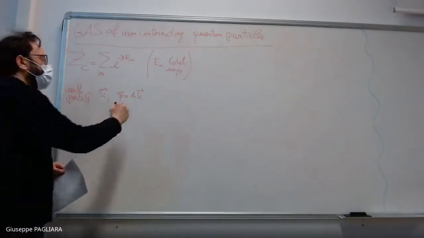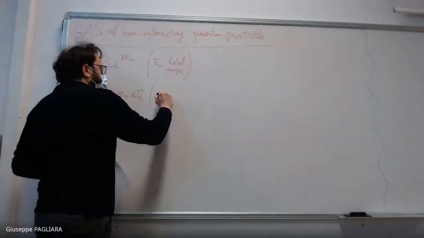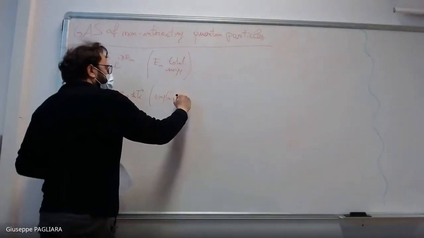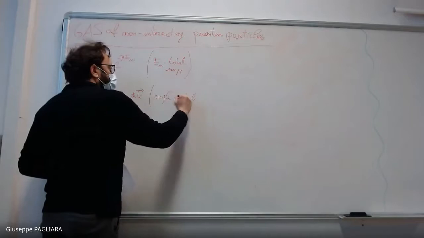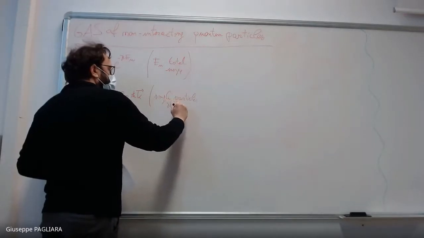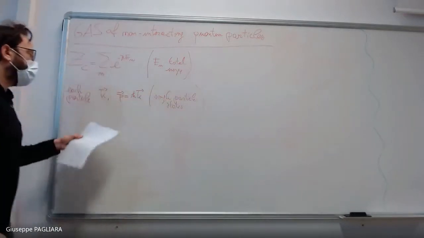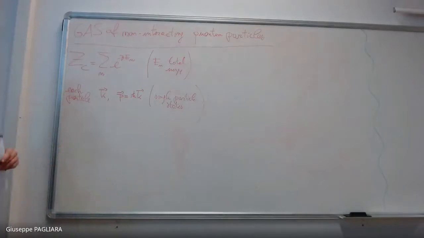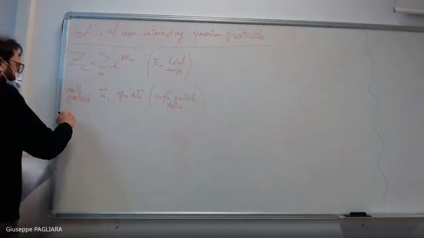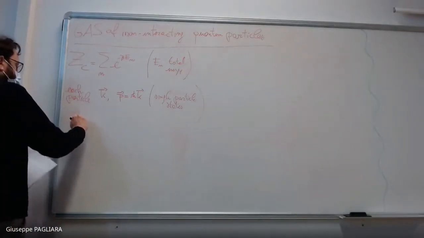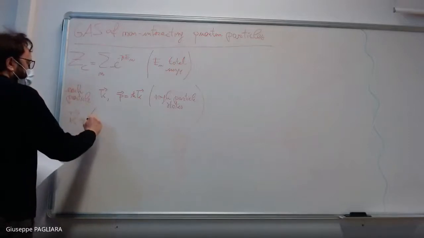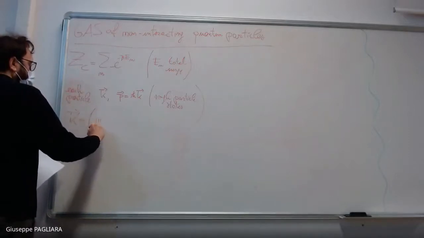So those are single particle states, which are the eigenstates of the Hamiltonian or the momentum. And k is a vector following the standard quantization in a box.